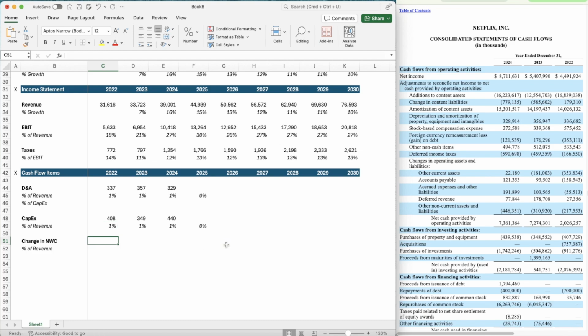Change in net working capital. So equals sum, start here, negative 353.834, negative 158.543, negative 55.513, 27.35, negative 217.55.